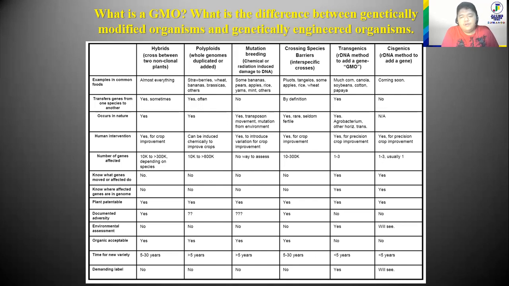Basically, how we make transgenic, cisgenic, and intragenic organisms, how these genes are being modified to create a certain type of organism that has certain traits. So that's something we could answer.